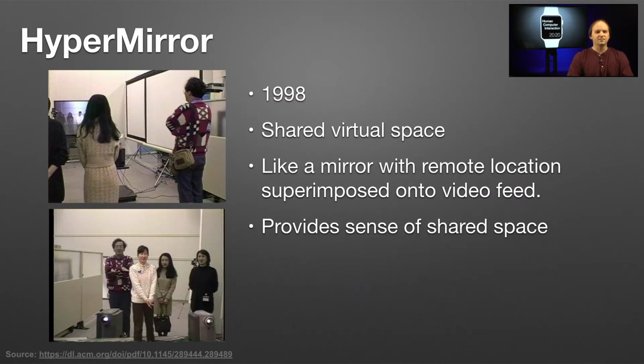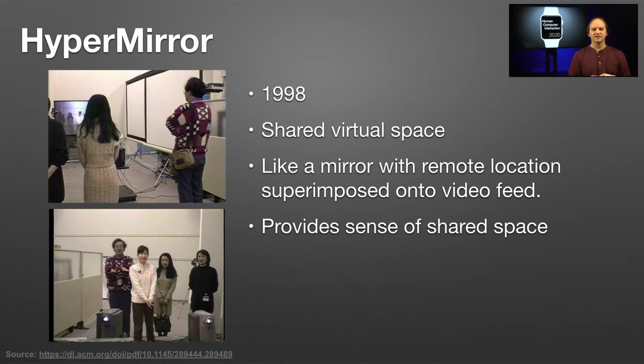I'll show you another example. This is from the late 90s. This is called Hypermirror, and it's a system that some researchers created to create a shared virtual space. The idea is that you look at a screen and it's like looking at a mirror, but it has the people at the other remote location composited into it, and vice versa.